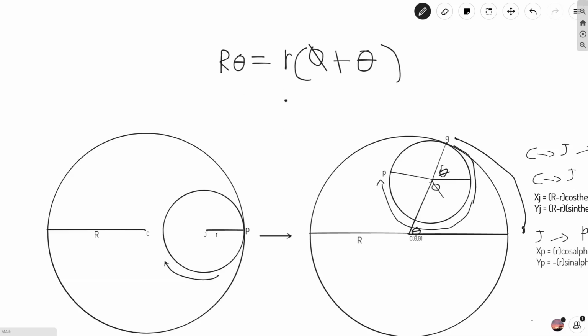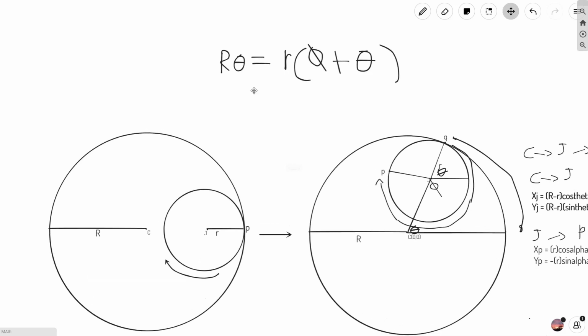And we have this. Now simplifying this, we actually have alpha is equal to (R minus r) divided by r, times theta.